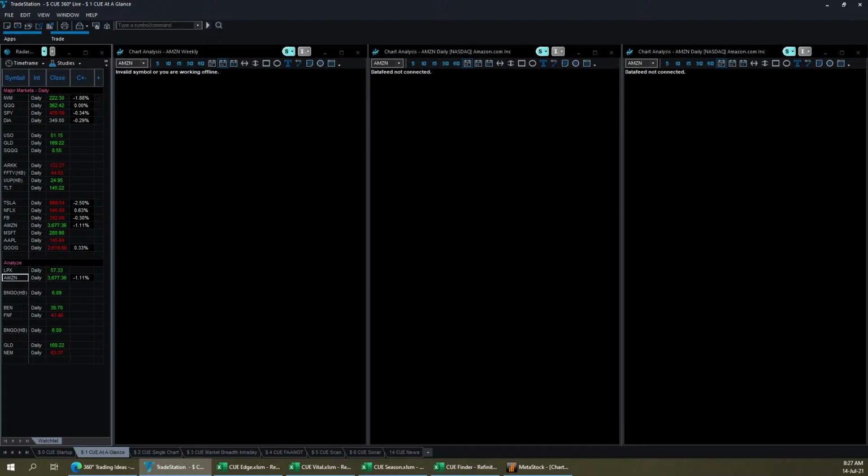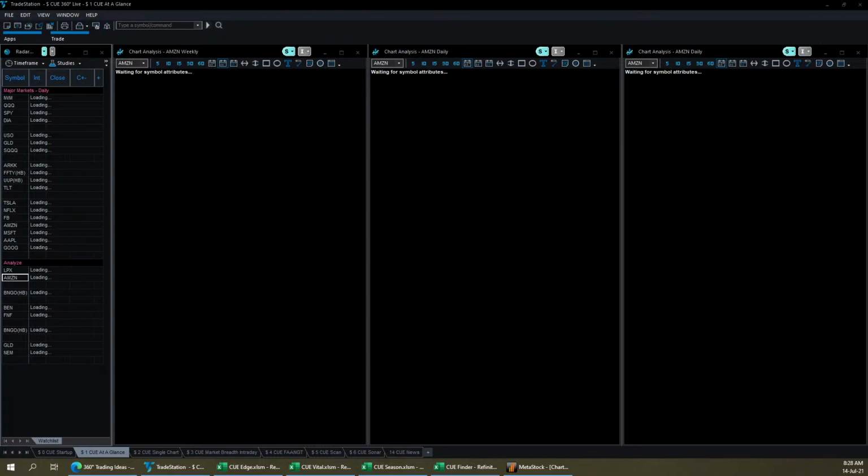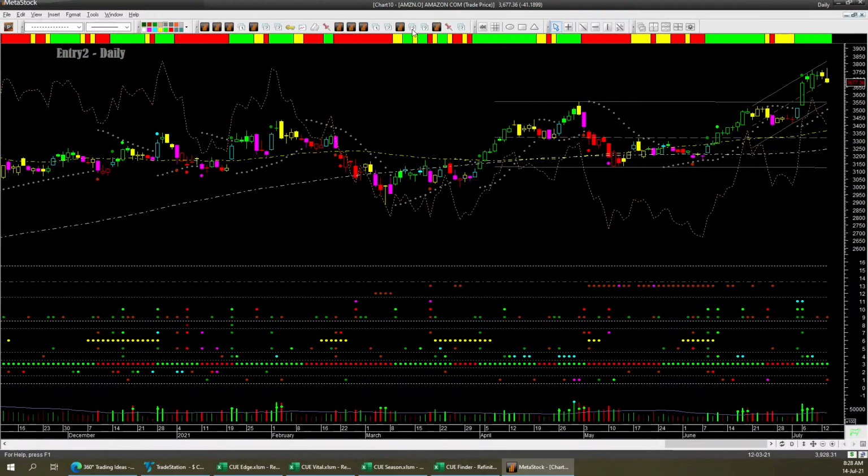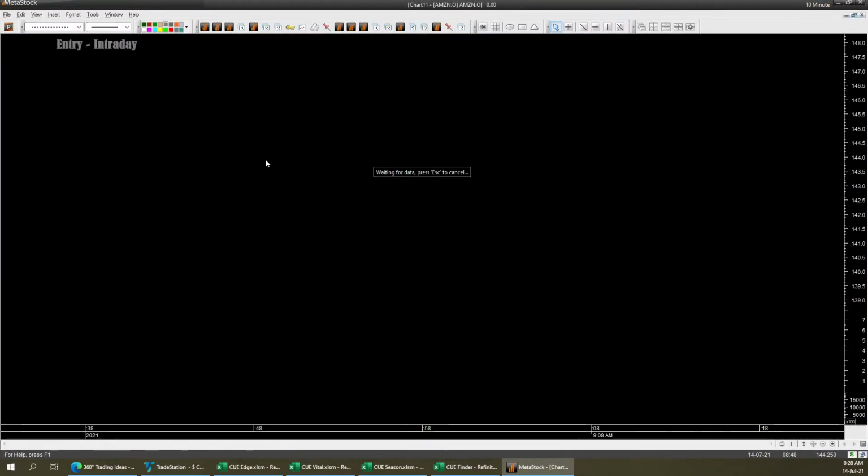My TradeStation got disconnected. Let me see if it can connect back. Yeah, it's connecting back. But I don't have to wait for that. I may open the intraday fine-tune chart on Q Global.